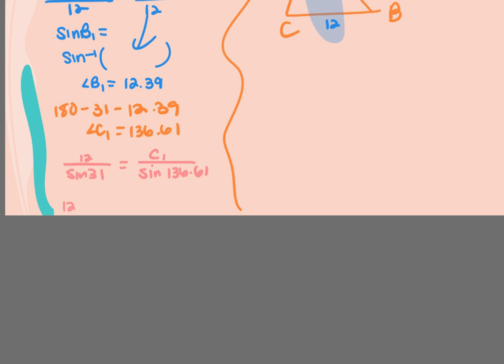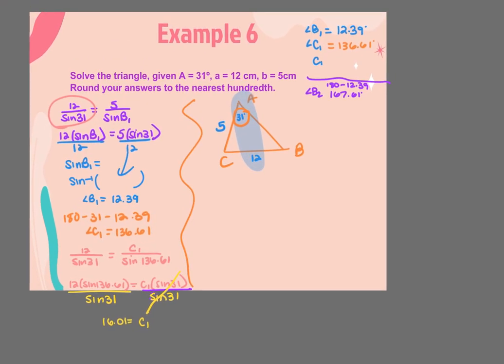I'm going to cross multiply and divide, and type that all in: 12 sine 136.61, close your parentheses or hit enter, and then divide by the sine of 31. And I get c1 equals 16.005.